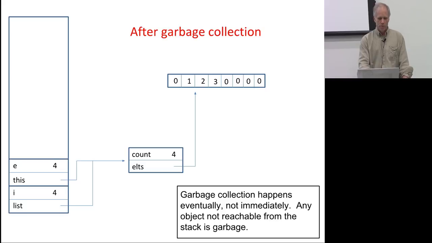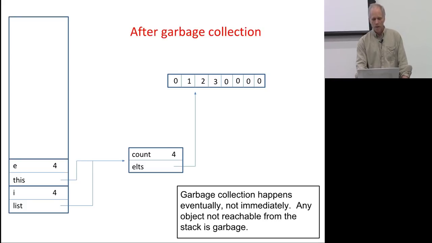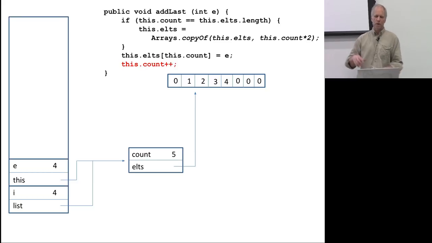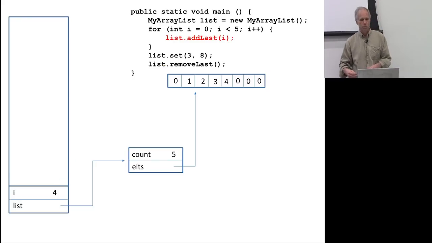We return now from the addLast method. We've added 4 in the remaining space. So here we just have the copied array. Now we set the count to 5 and we store 4 in the array, and the method returns. And now we've populated our array list with 0, 1, 2, 3, 4.